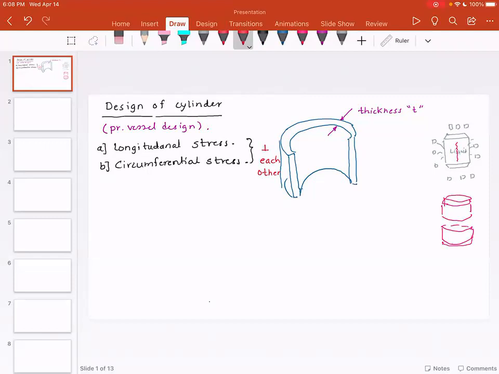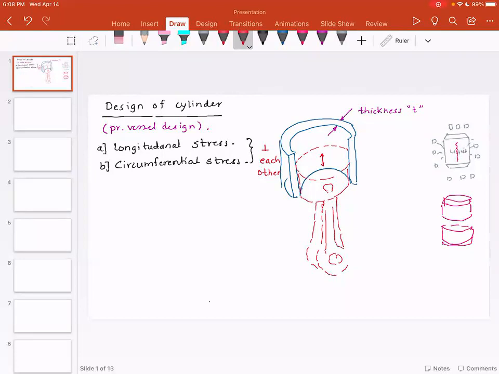Now, if you think about the piston, it is somewhere here. And on this piston, there is this piston pin, and then there is this connecting rod. This is piston pin, this is connecting rod, and this piston is going to go up and down or back and forth inside the cylinder.